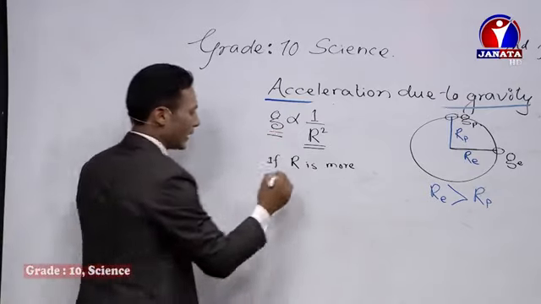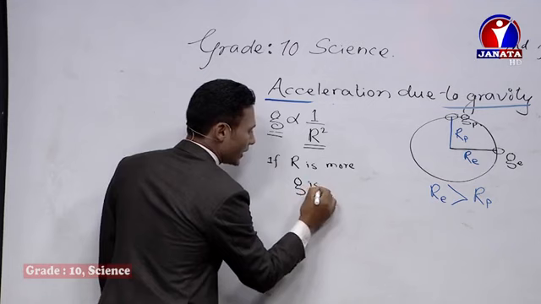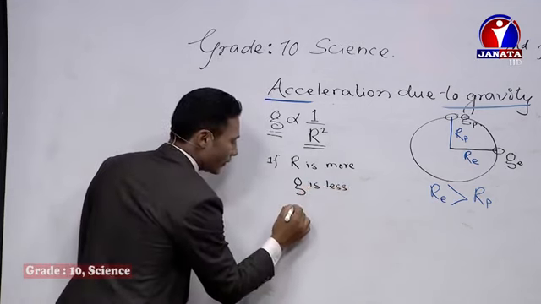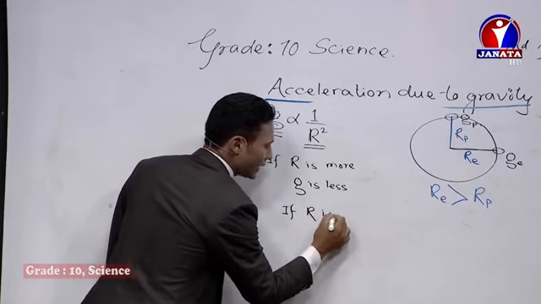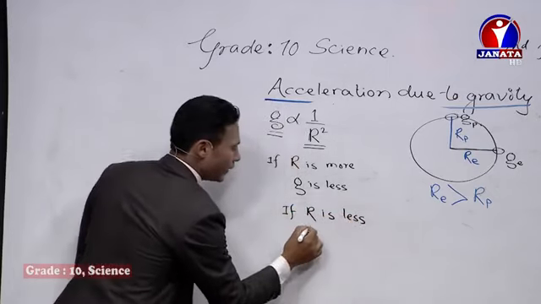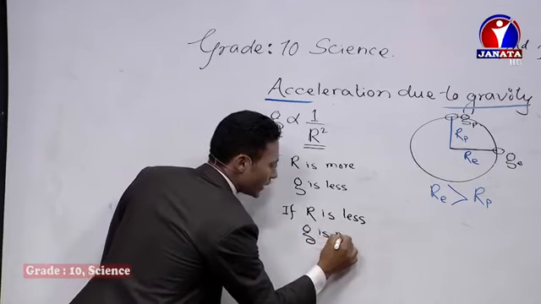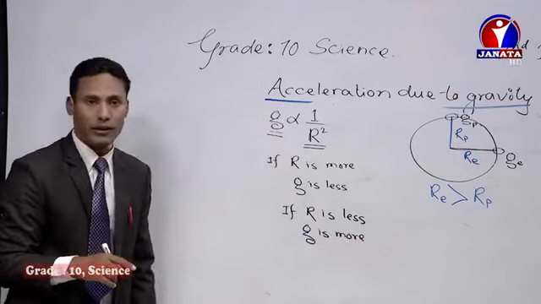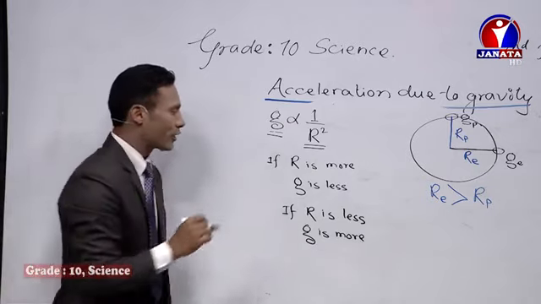Inversely proportional means the value of g is less, right? Similarly, if the radius is less, then the value of g is more. That is the meaning of inversely proportional, right?